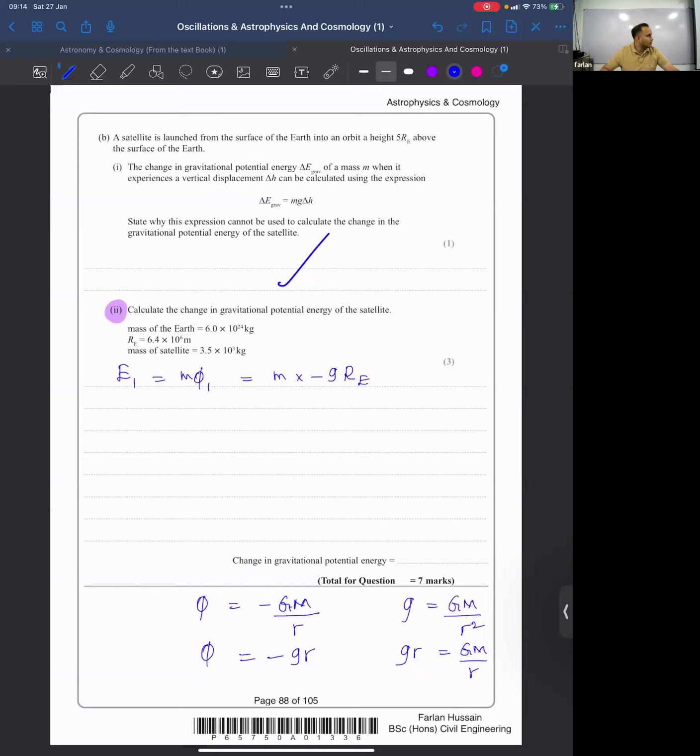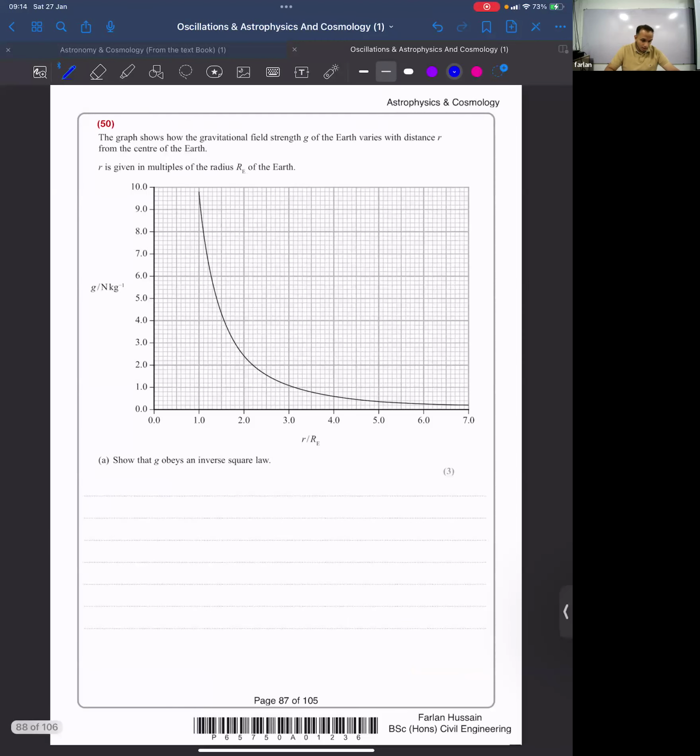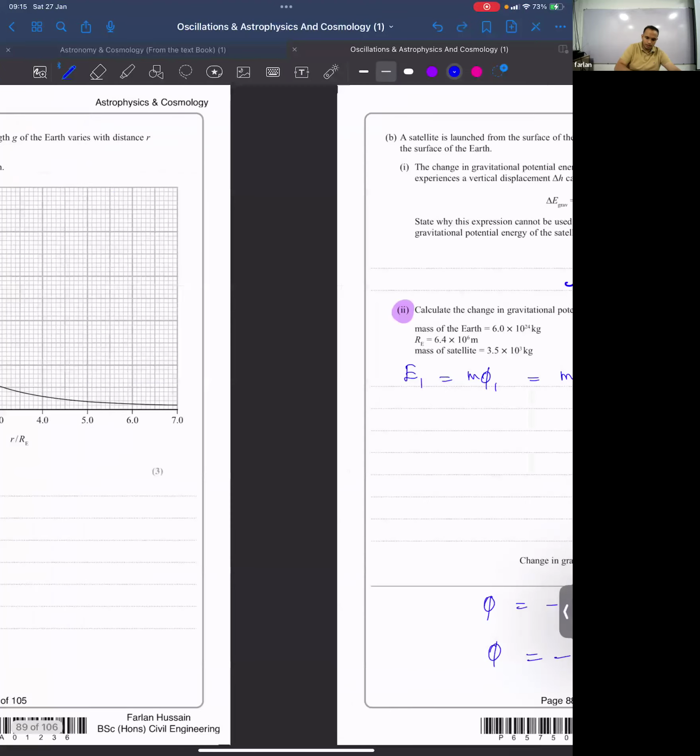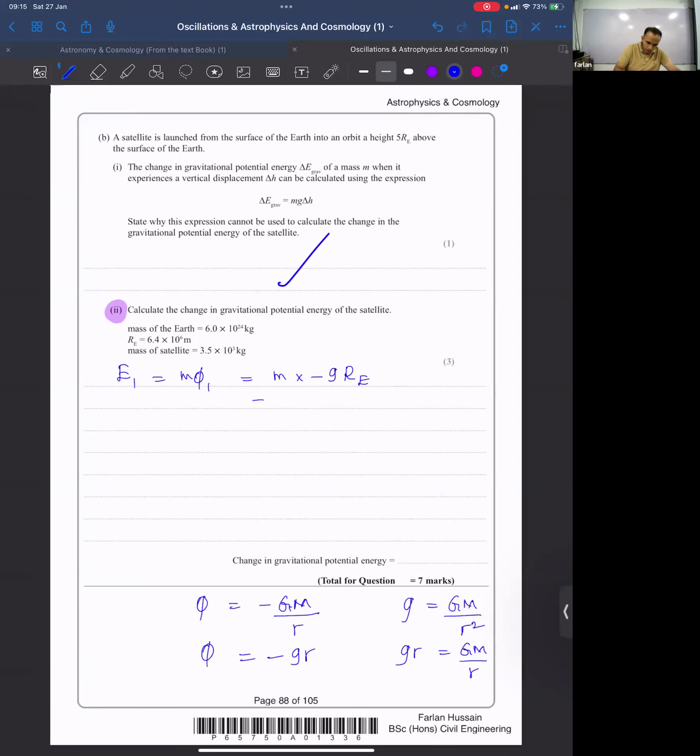So r will be Re, correct? When it is at a point Re, the value of g we can see here. g is 9.8. So it's going to be minus m into 9.8 into Re.